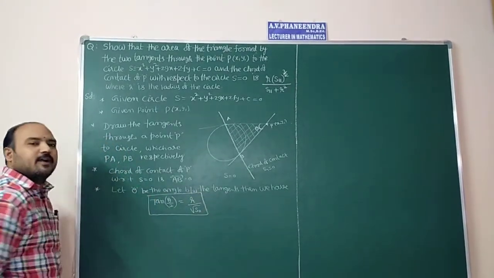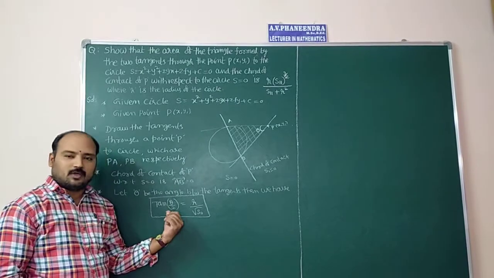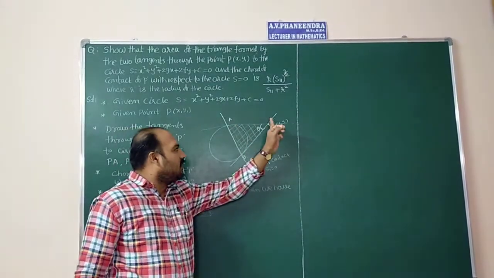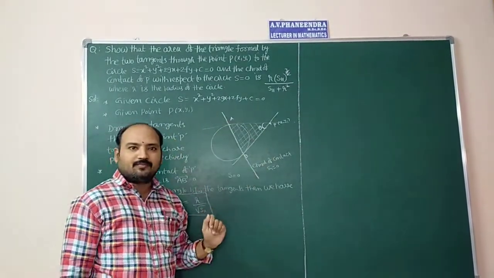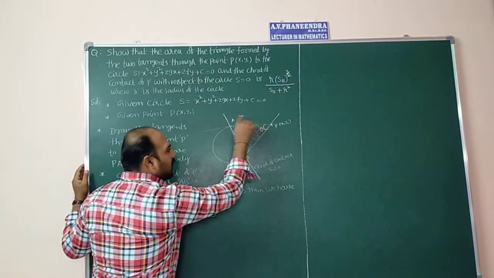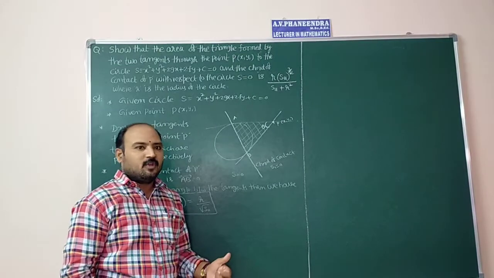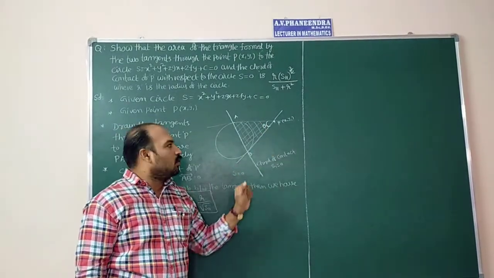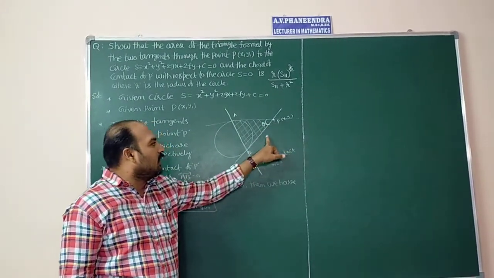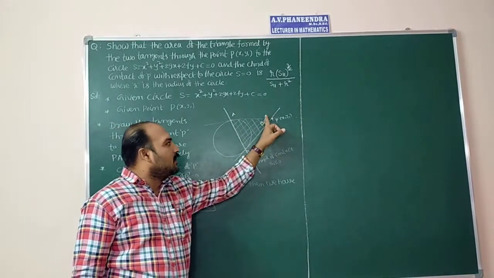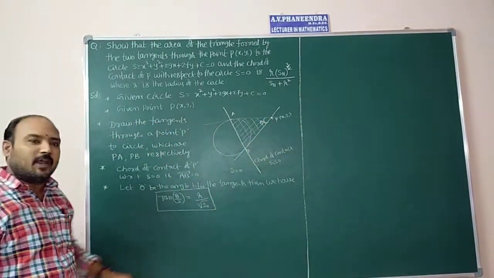We have this standard formula. What is the use of this one? I will explain. This is the area of the triangle we are going to calculate now. The area of triangle PAB: in properties of triangles we have a formula with respect to the angle, half into a into b and the sine of the angle between these two sides.